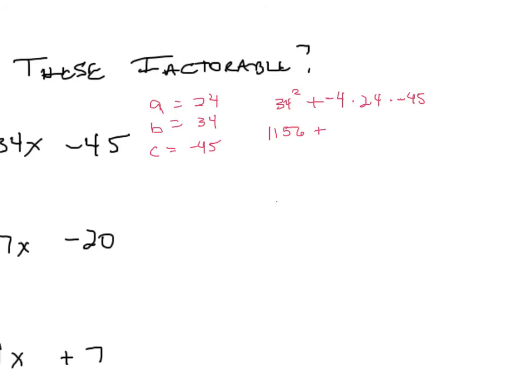I should have chosen something a little simpler perhaps, plus 4,320. So our total is 5,476. So if we take the square root of that, we get 74. Well, that means it's a perfect square. So this is, in fact, factorable.